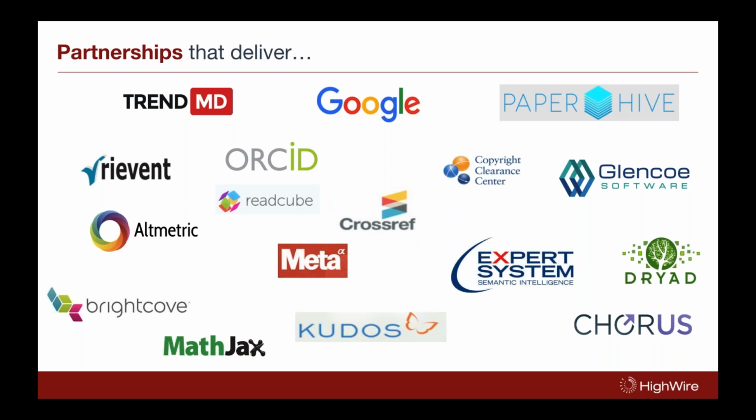So if you wanted to add Brightcove videos of the presentations, you can do that within meeting abstracts. So you have a whole lot of different options here within the HighWire Intelligent Platform with meeting abstracts.